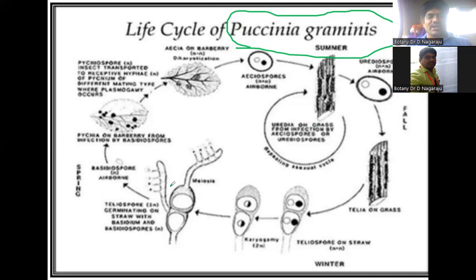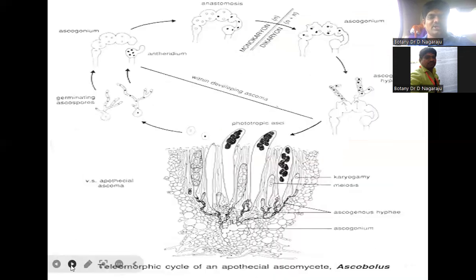There it is happening. Phragmobasidia, teleospore, probasidia are forming, that mate and form aeciospores, pycniospores. It is happening because there is a variation in the sexual hormone.